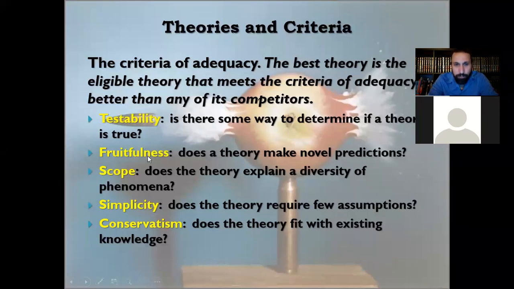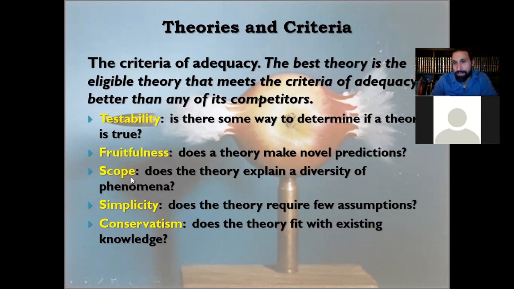Fruitfulness: does a theory explain or uncover something new? A theory which explains something new or uncovers a whole new set of verifiable phenomena is better than one that does not. It gives us a new perspective on a new set of things in the world.